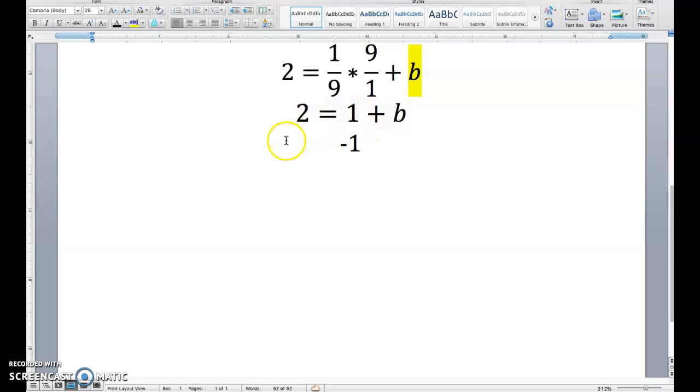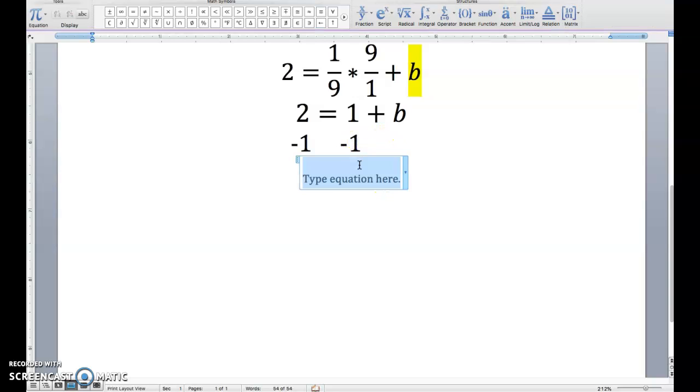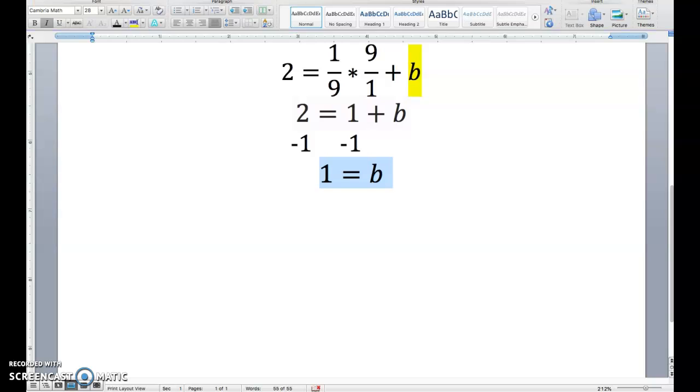Opposite of positive 1 is negative 1. So subtract 1 on the right side. So I subtract 1 on the left side too. 2 minus 1 is 1. Bring down the equal sign. 1 minus 1, nothing. Bring down b. So I have 1 equals b. Cool. Highlight that because that's important.